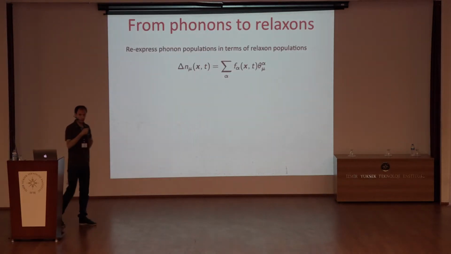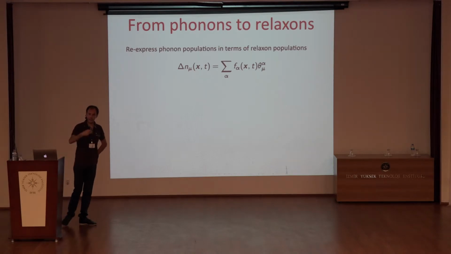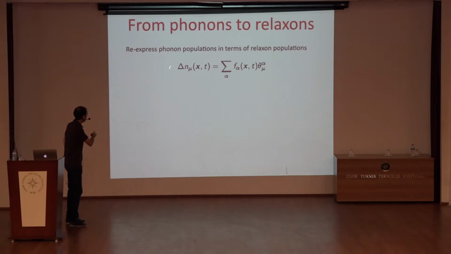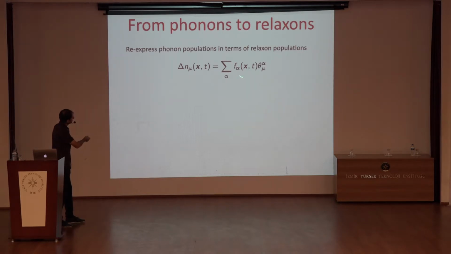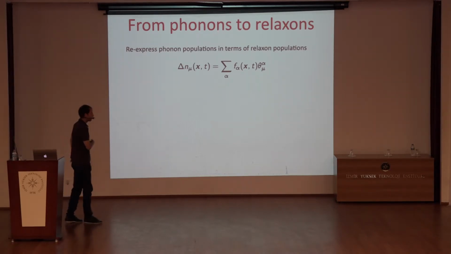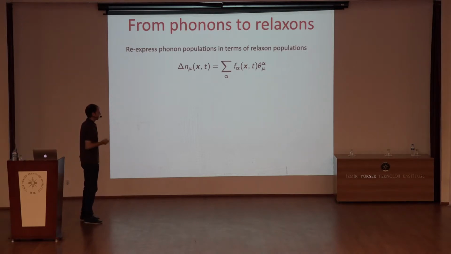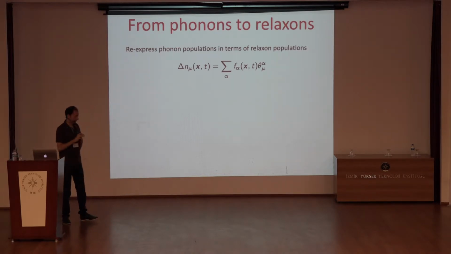Now, the next step, if you want to be more quantitative about the results, is to make a change of basis. Rather than looking at the Boltzmann transport equation in terms of the occupation numbers of phonon states, as we were doing before, here we introduce an occupation number, f of alpha, which is associated to each of these eigenvectors, theta alpha. And just to avoid saying every time eigenvectors of the scattering matrix, let me just call these objects relaxons.